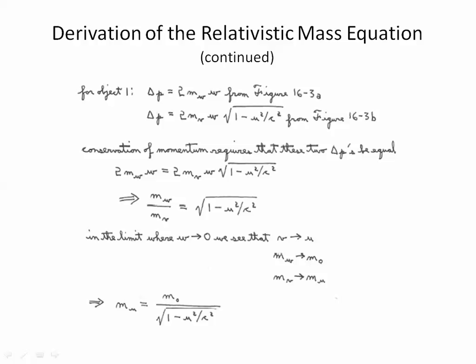We finish by looking at what happens when we take the limit where w approaches 0. Looking at our right triangle with hypotenuse v, we see that the vertical leg shrinks to a length of 0 and v approaches u.